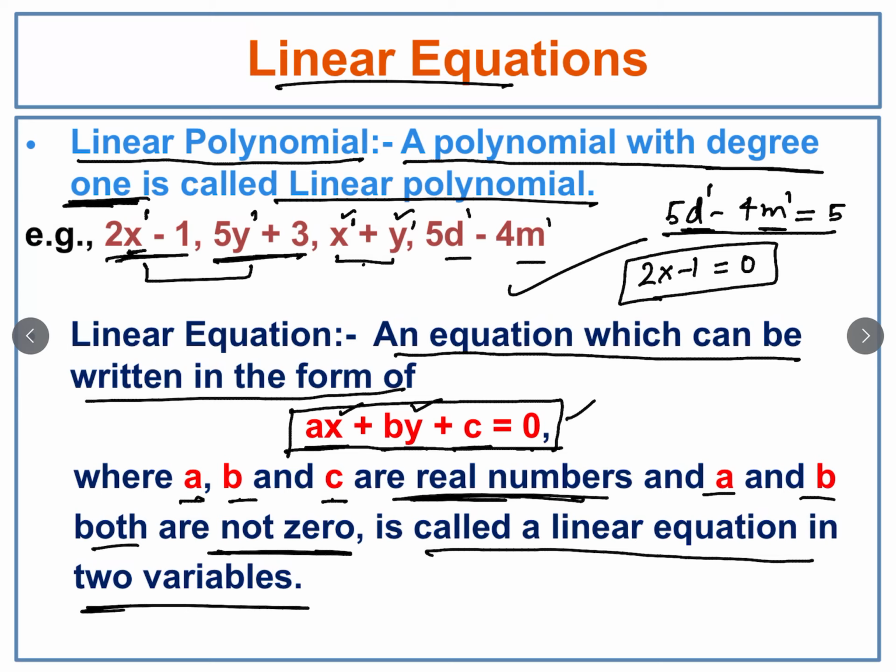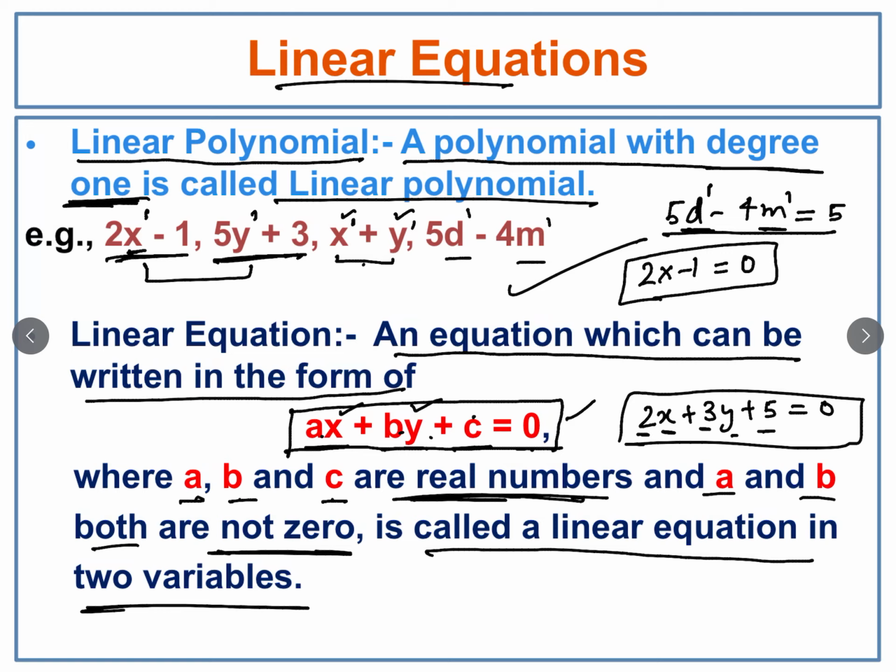So for example, we can write an equation like this: 2x plus 3y plus 5 equal to 0. This is an example of a linear equation in two variables. Here a is 2, then variable x, then plus, b is 3, then variable y, then plus c, which is 5 here.